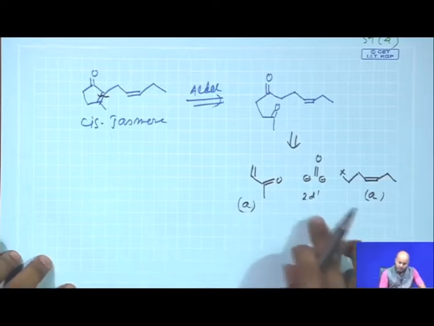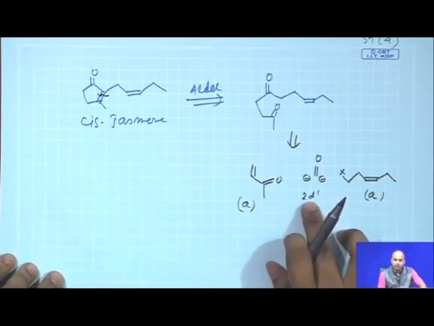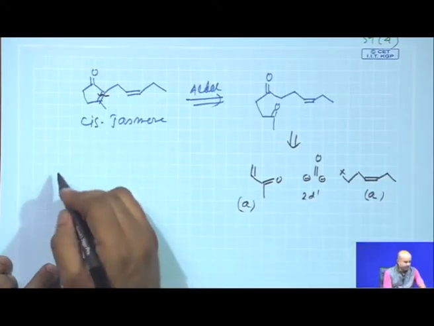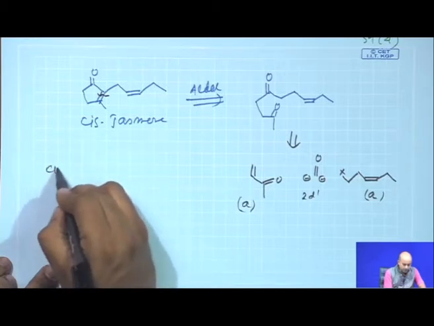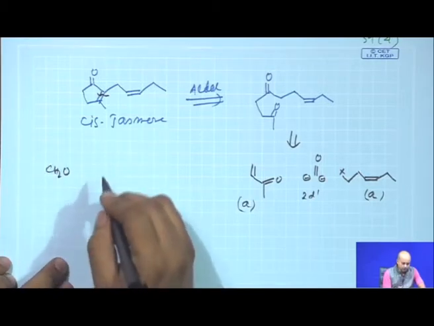Now, this kind of 2d1 synthon is already known as formaldehyde 1,3-dithiane. Now, here we will try to disclose some other synthon.